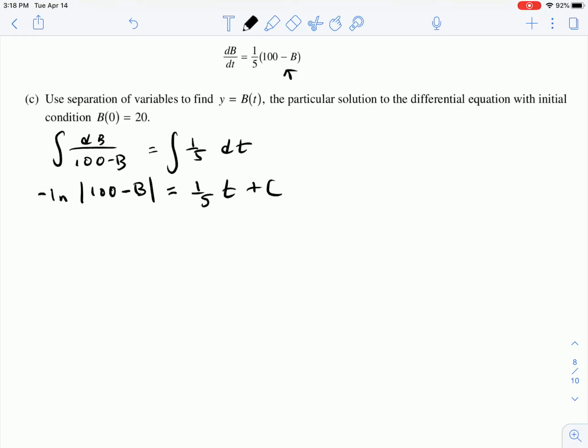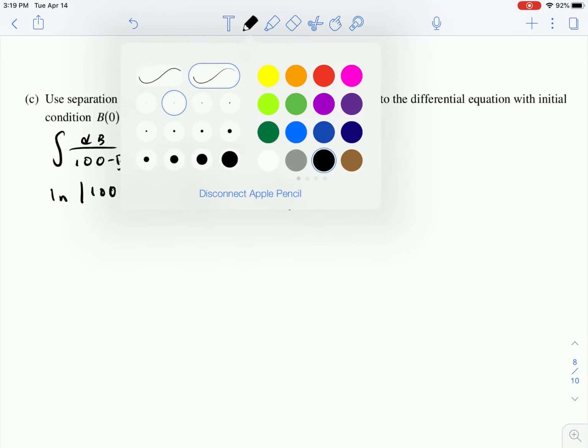I'm going to move that negative over so that I'm not dealing with a negative ln. And then I'm going to exponentiate all that. So we're just going to do this, negative of all of that. And from here, I am going to now exponentiate both sides.